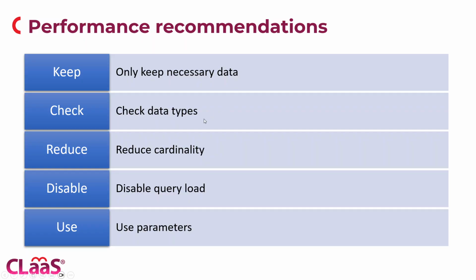Reduce cardinality, like one to many, many to one. The best is one to many or one to one. So reduce the many to many. Disable query load. And then use the parameters. This part we're going to learn more later during text functions.